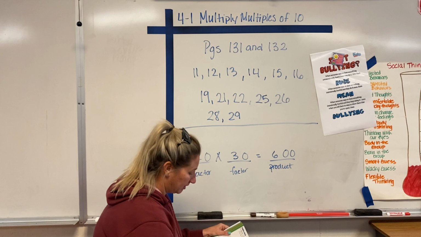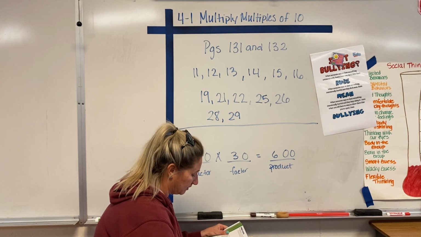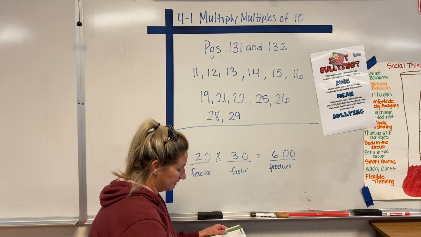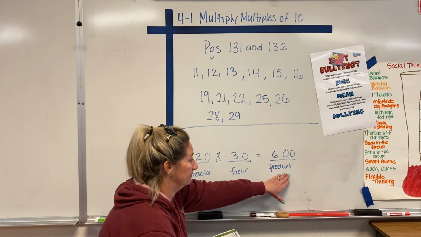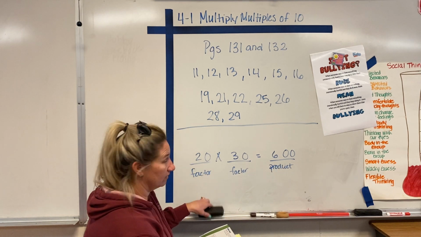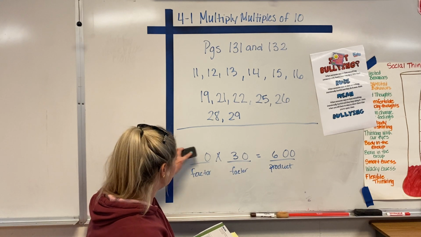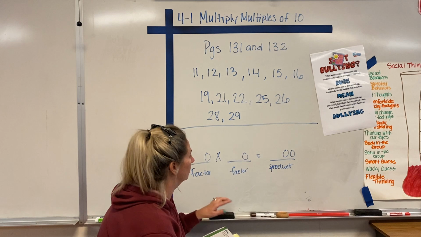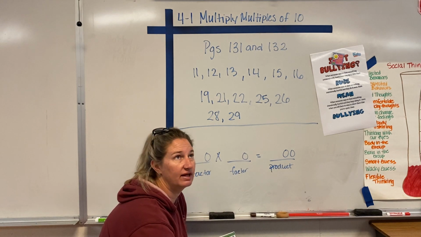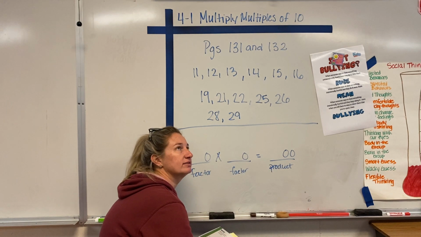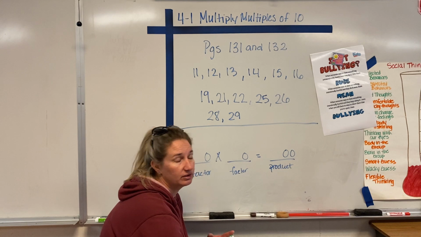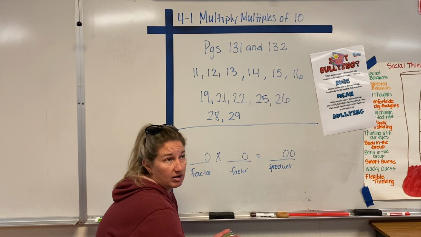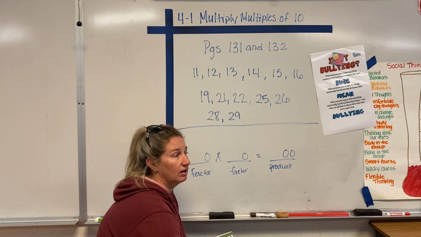And then the second part of that question says, what's an example of a product that will not have the same number of zeros in the factors as in the product? We already talked about that. A number with a multiple of 10. I'm not going to do 2 times 5 because I already said that. Can you think of another 2 numbers that you could multiply that make a multiple of 10?